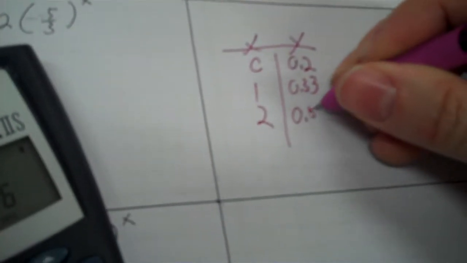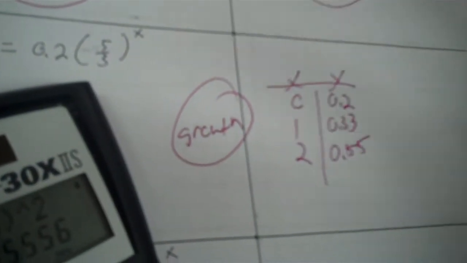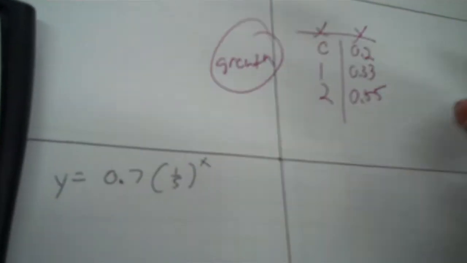Now I know it's not growing very quickly, but it's still growing. Okay, so that's growth. Because 5 over 3, it's like 5 divided by 3. That's going to be bigger than 1. 5 out of 3 is bigger than 100%.